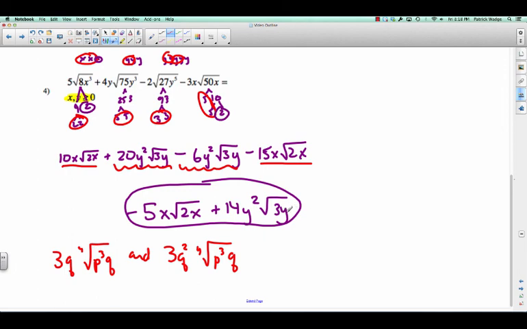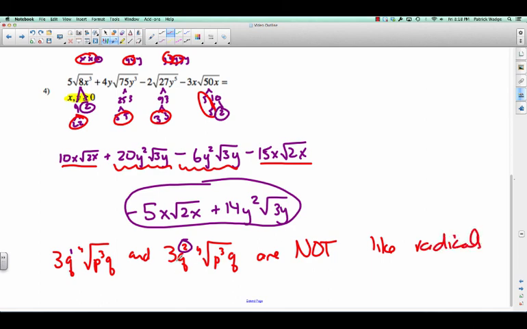So are these like radicals? No, they're not, because also the coefficient has to have the same exponent and variables too. Although these have the same variable, q and q, they have different exponents. This one has a 2, and this one has a 1. So these are not like radicals.